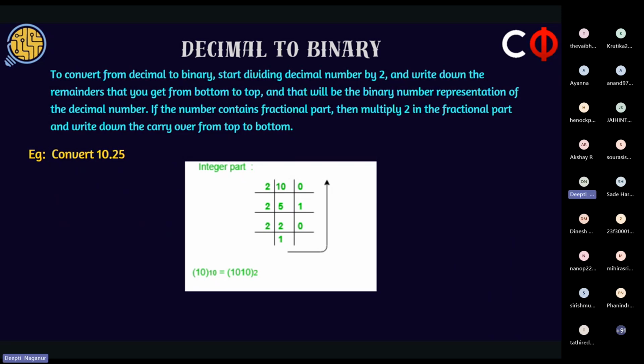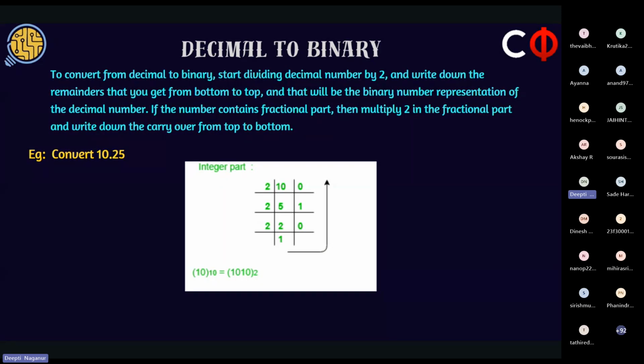So the first one is decimal to binary, that is, given a number, let's say it's some 10 or 11 or something, how do you convert it into binary code? When you tell the computer to take an input of say number 6 or number 7, how does it know it's going to be 6 or 7?